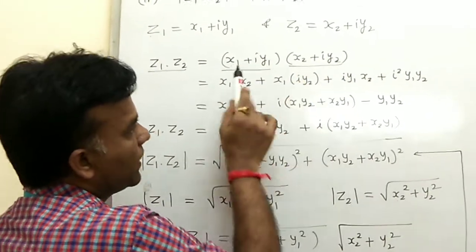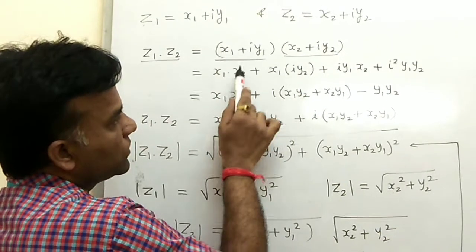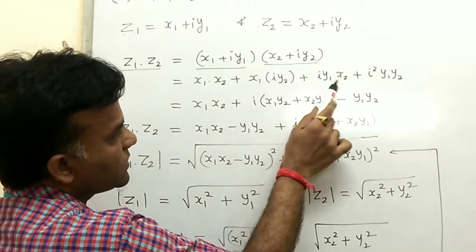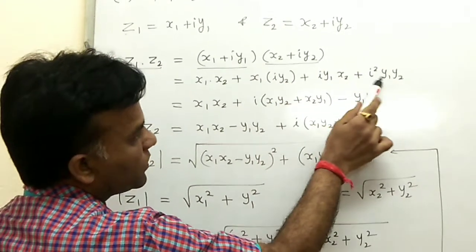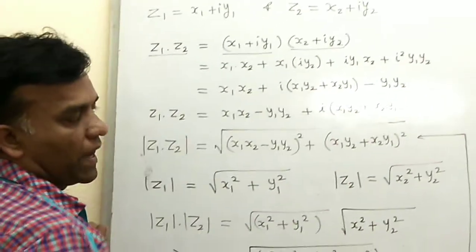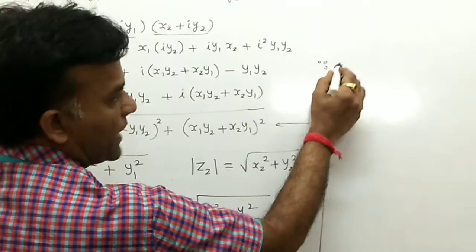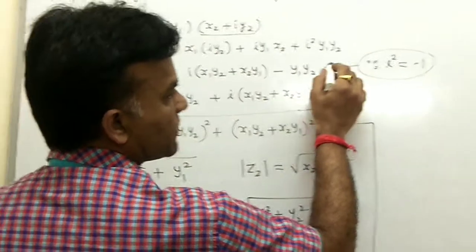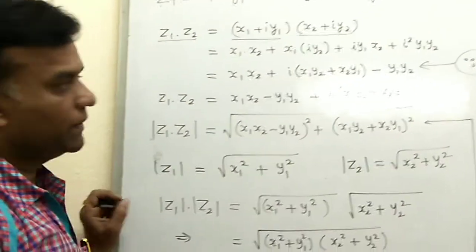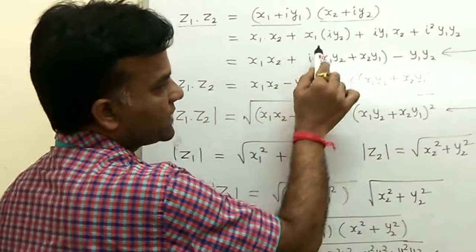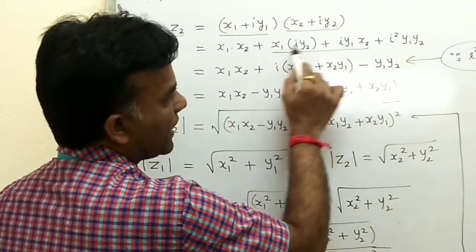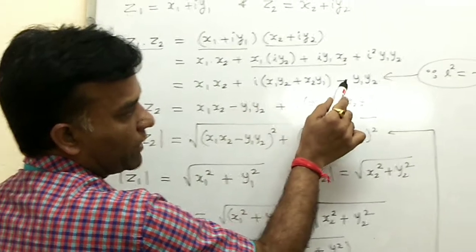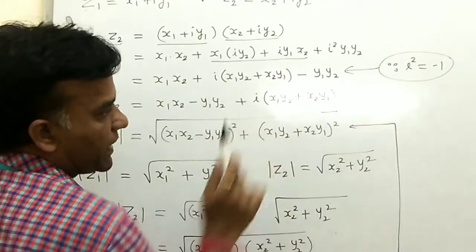Then we get x1 x2, x1 iy2, iy1 with x2, and iy1 iy2, which is i square y1 y2. Since we know that i square is minus 1, we substitute this value. x1 x2 stays as it is, and in the other two terms i is common, so we take i outside: x1 y2 plus x2 y1, then minus y1 y2 because i square is minus 1.